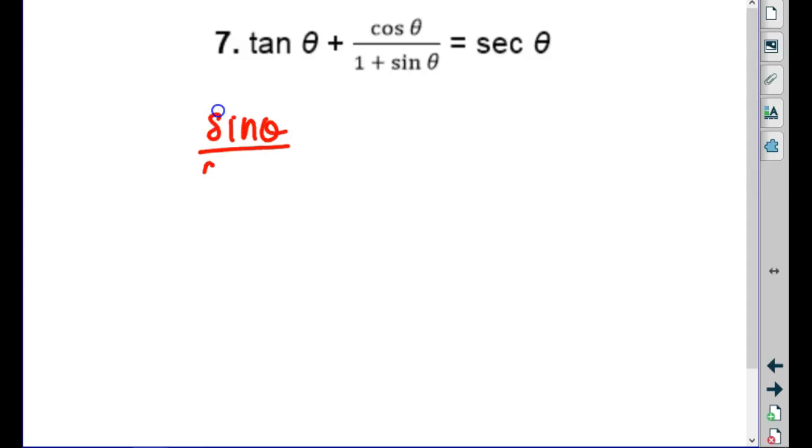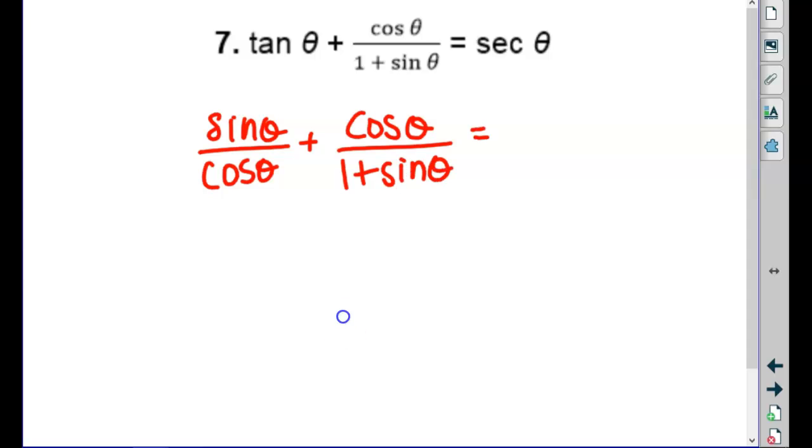So tangent would be sine over cosine plus cosine over 1 plus sine. Okay, now what? Common denominators? I think we're going to have to.